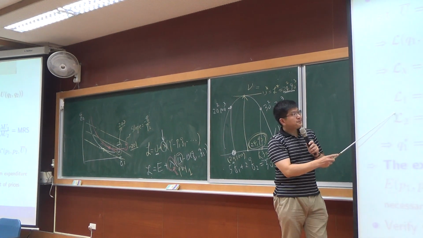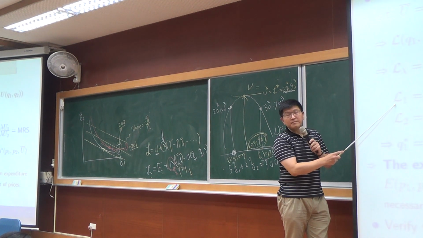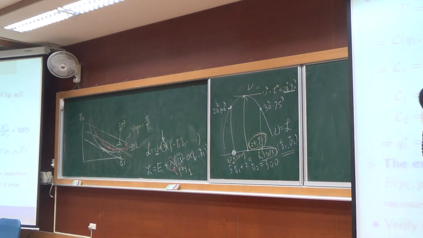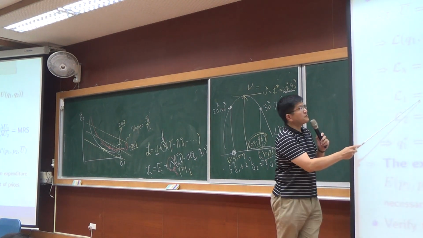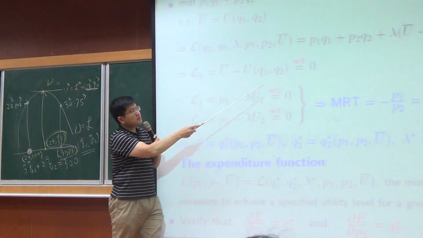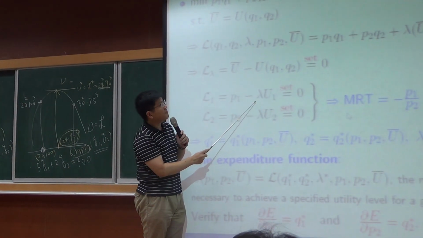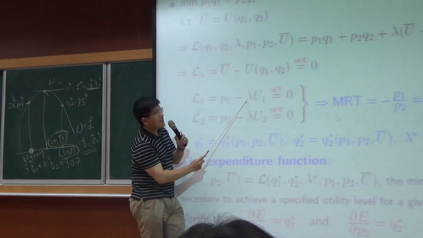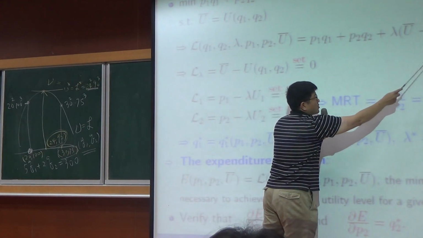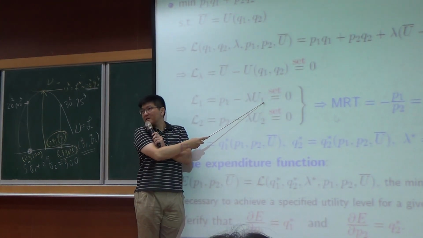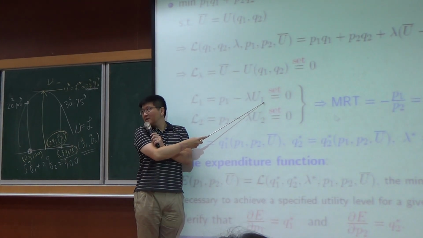And the second first order condition is with respect to q1. We have a q1 here, and another q1 here. For the first q1, we have p1 left. For the second q1, we have minus lambda and partial u, partial q1, which is u1. Is that clear?